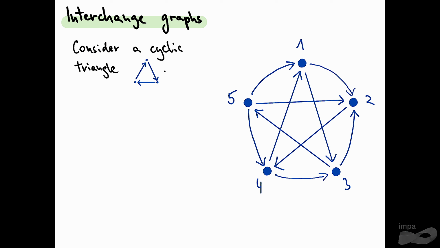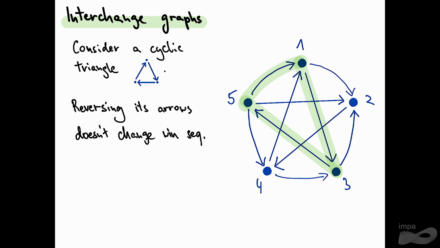If you have a cyclic triangle, and you reverse all the arrows, then it doesn't change the win sequence, because at every vertex I have 1 win, 1 loss. I reverse it, I have 1 loss, 1 win. So the win sequence stays the same.